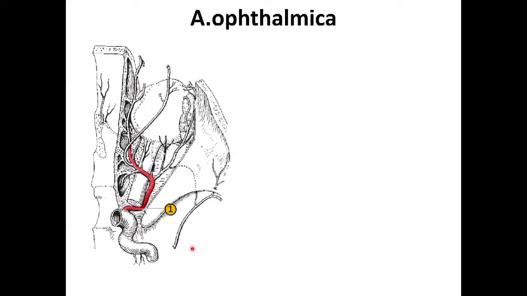First, number one is Arteria ophthalmica itself. Arteria ophthalmica enters the orbit through canalis nervi optici. That means that in the normal situation, Arteria ophthalmica enters the orbit together with nervus opticus. They coincide with each other.